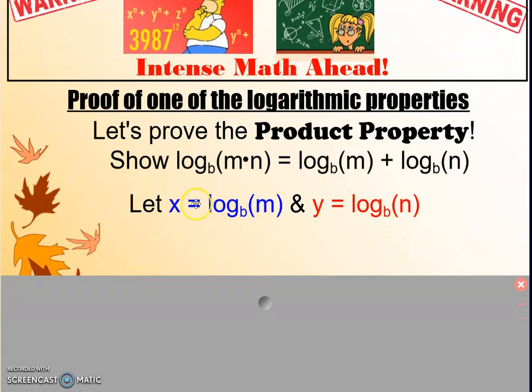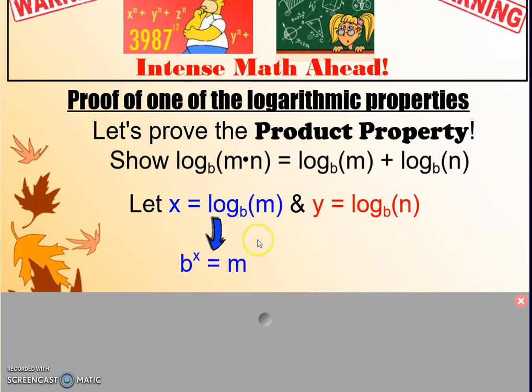I'm just bringing in two new variables to represent these giant expressions. And using our definition of logarithms, we can say b, the base, to the exponent x equals m, and b to the y equals n.